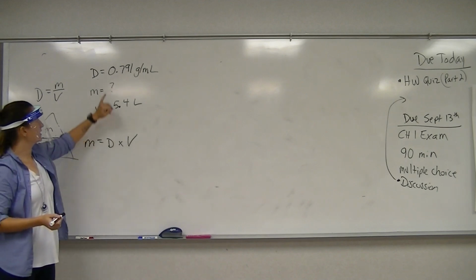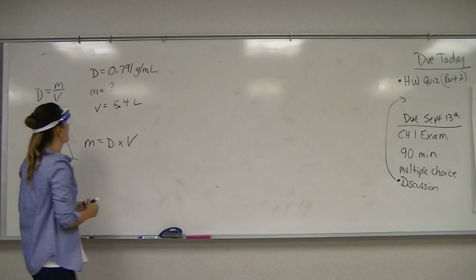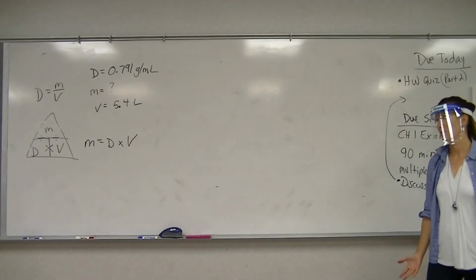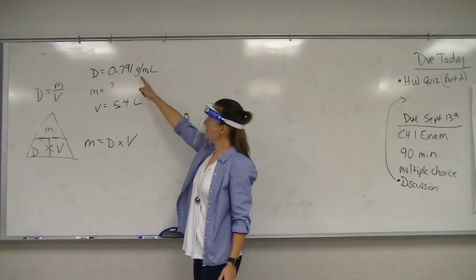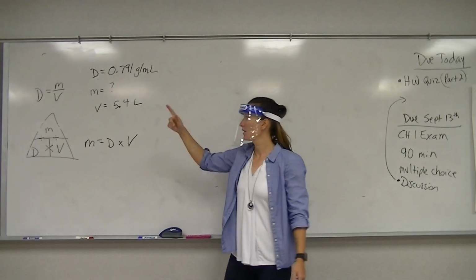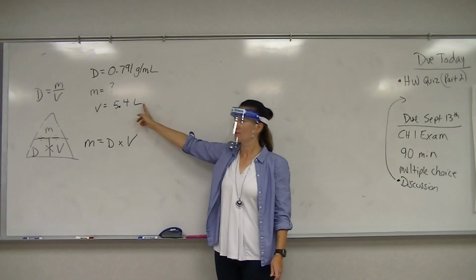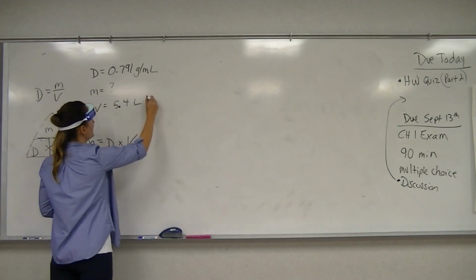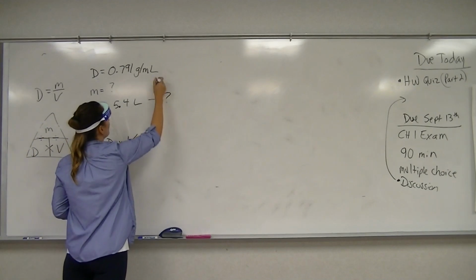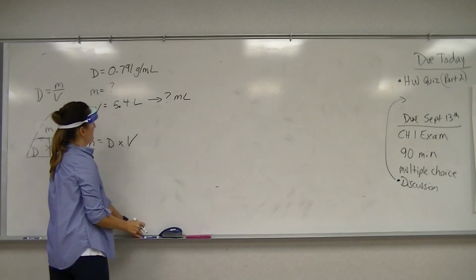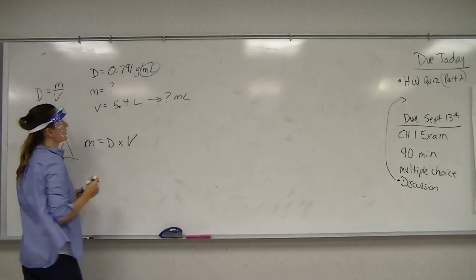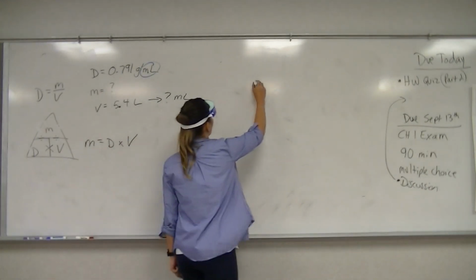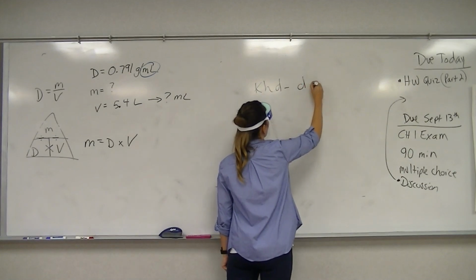This is where I want to plug these numbers in. Before you plug the numbers in, make sure your units match. My density is in grams per mL. My volume, though, is in liters. What does it need to be in order to use this equation? It can't be in liters. It needs to be in milliliters because I need to match the units on the density. So I have to convert that, but luckily it's just moving the decimal.